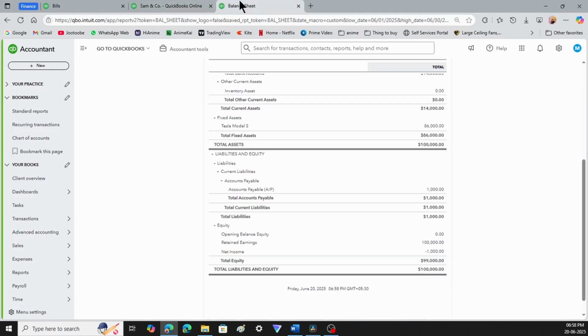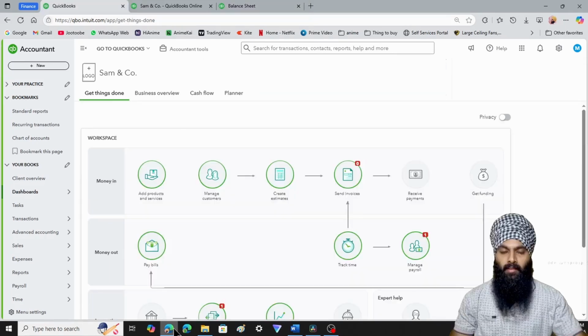Here is a loss, and second one is account payable, since we are going to pay $1000 to vendor A in the near future, and that loss is adjusted from retained earning, that may be the accumulated profit from past years, or maybe a new addition to equity, right? And our net generated retained earning will be $99,000.